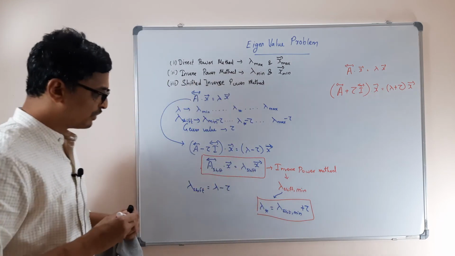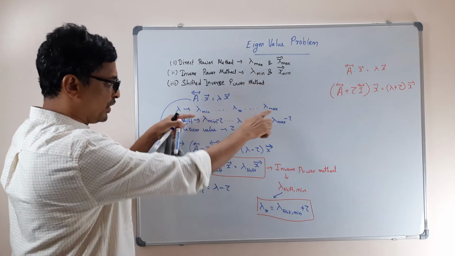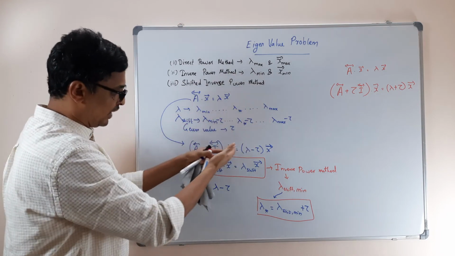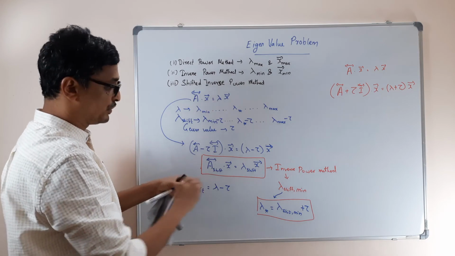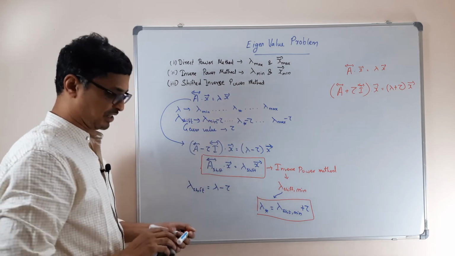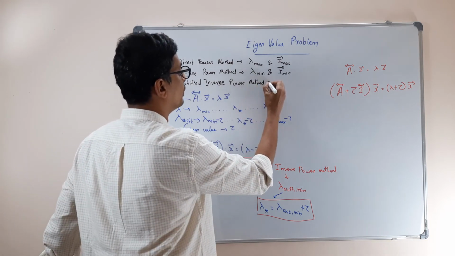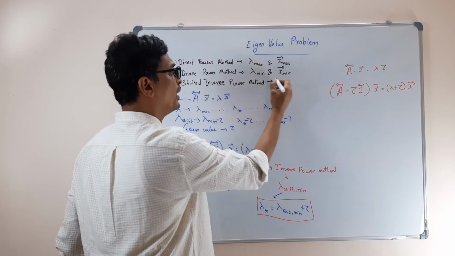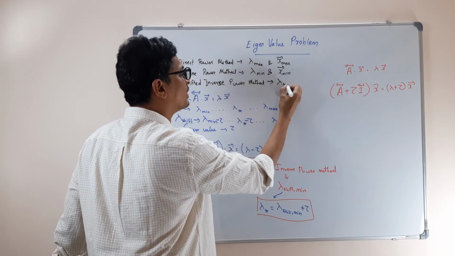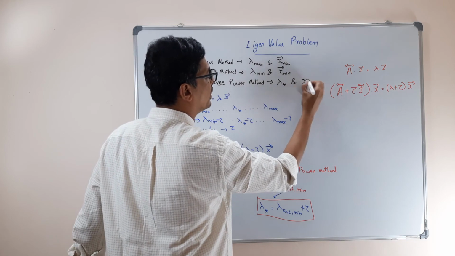This will give us any eigenvalue in between λ min and λ max. Of course, the eigenvector is not going to change, so we get the eigenvector also. By using these power methods, we can find λ max, λ min, and any λ star falling in between, as well as the corresponding eigenvectors.